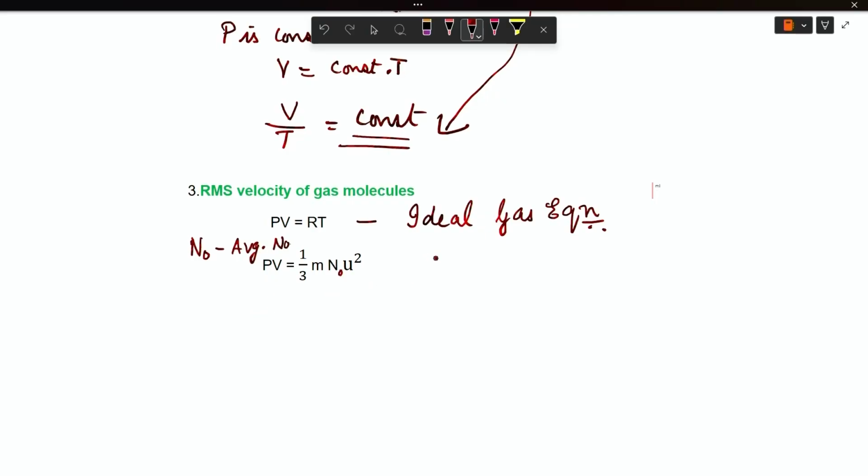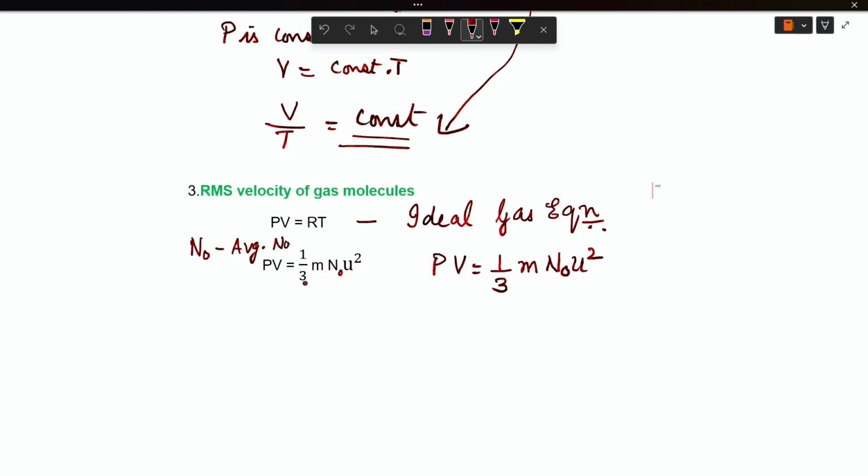Then I can write this equation as PV is equal to 1 by 3 m N0, Avogadro number, into u square. This kinetic equation, the one I have written, is actually meant for n molecules.